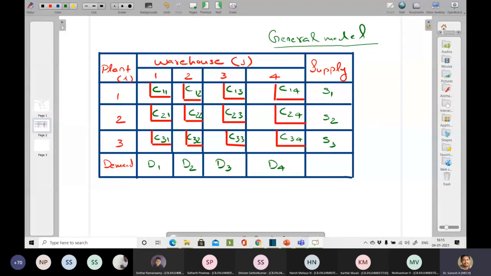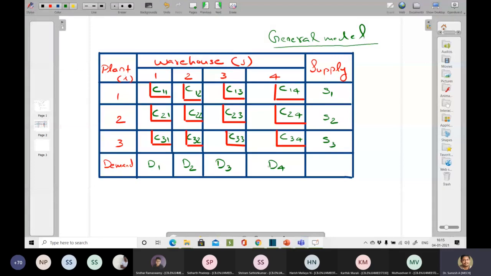Similarly, I have 4 warehouses. Warehouse 1, where the total demand or capacity is D1. Warehouse 2, where the demand or capacity is D2. Warehouse 3, where the demand equals D3. And there is a 4th warehouse, where the maximum demand is D4.